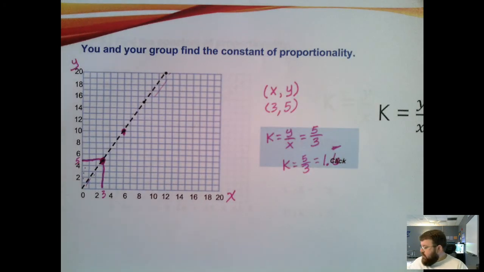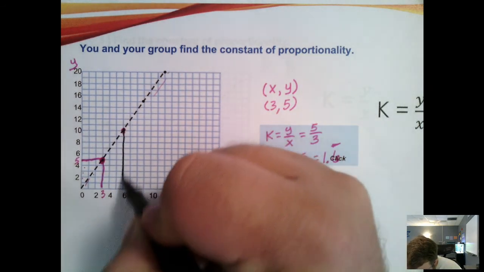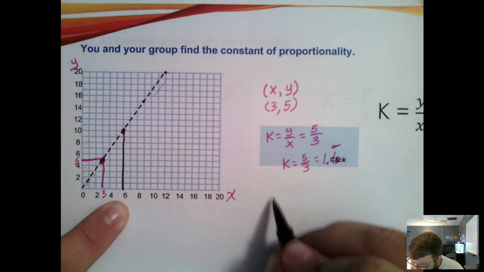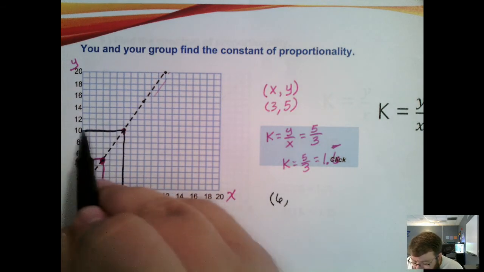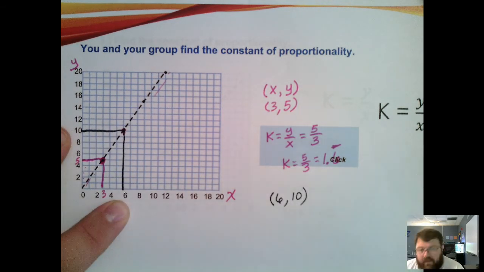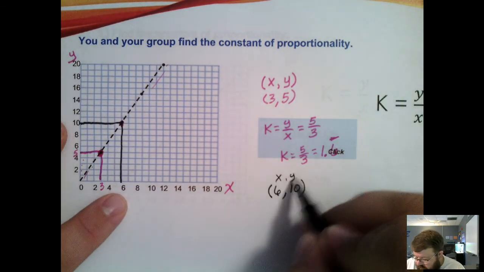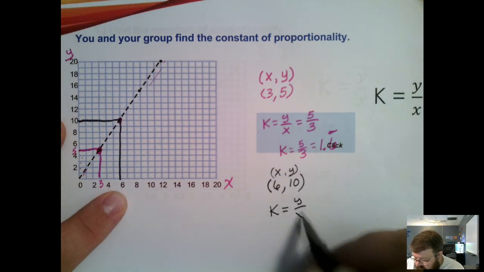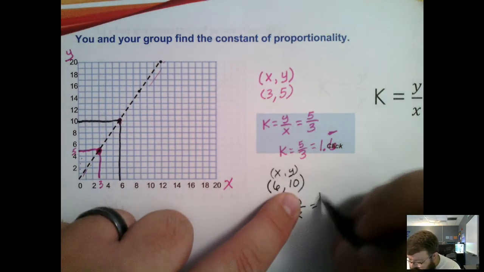Now, let's pick another one, just to show that it doesn't matter. So let's do this one. Okay, here our x value is 6. Our y value is 10. Remember x before y, just like the alphabet. We have k is equal to y over x, 10 over 6.